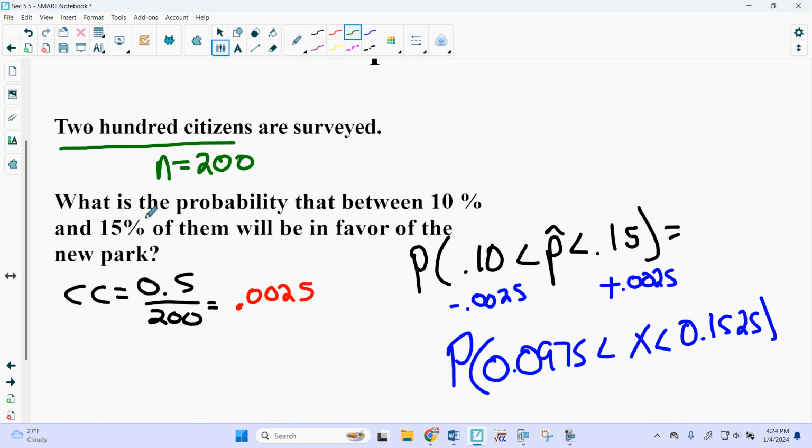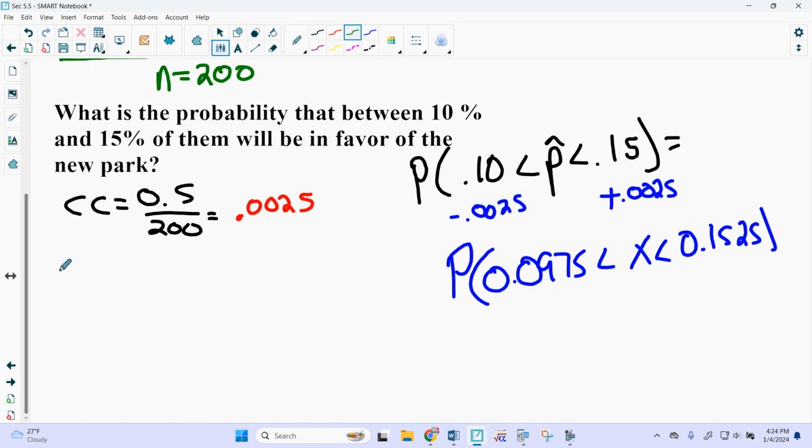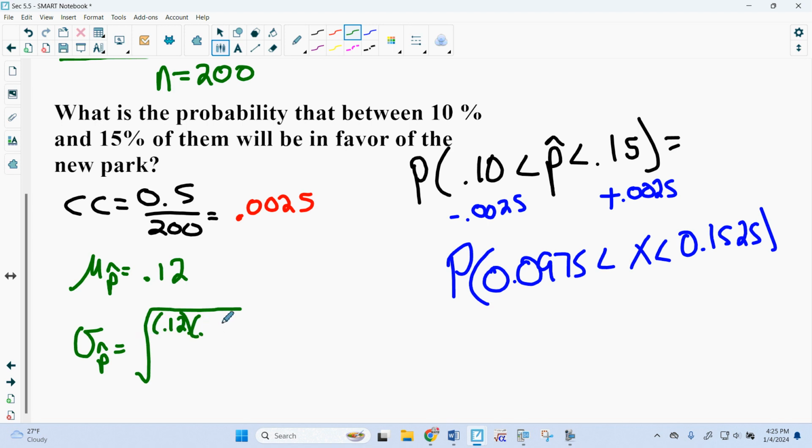But the next thing we have to do is we need to find our mean and our sigma to put this into our normal CDF. Well, our mean is just 0.12. Our sigma, if you remember, is the square root of pq over n.